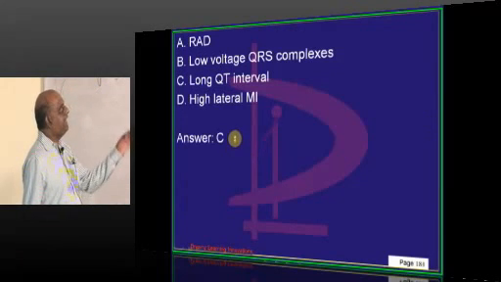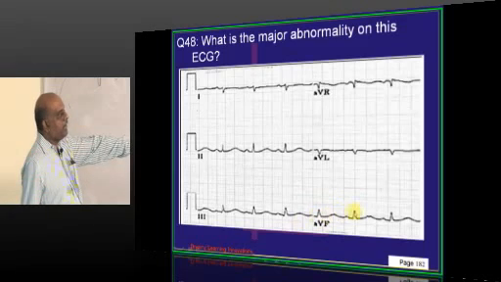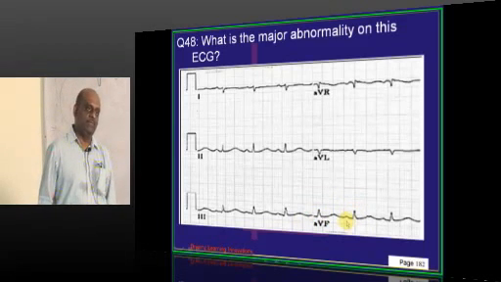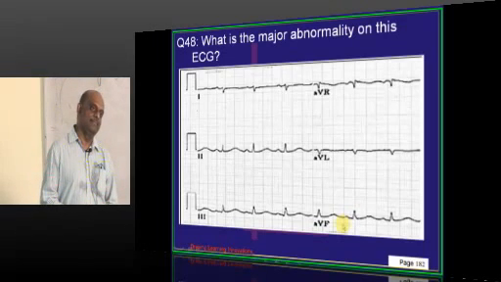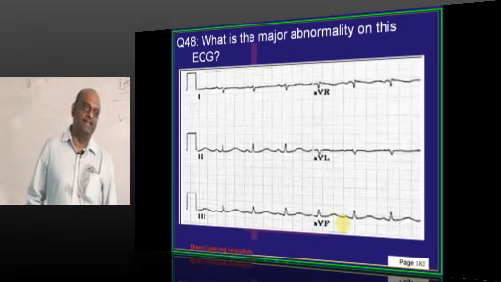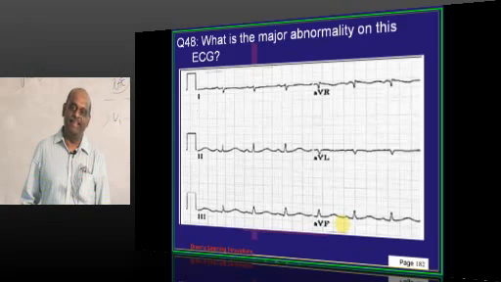What is the abnormality you are seeing here? Basically, if you calculate the QT interval, there is a long QT interval. Once more, what is the meaning of QT interval? Beginning of Q or end of QRS? Beginning of Q to end of T or beginning of T?